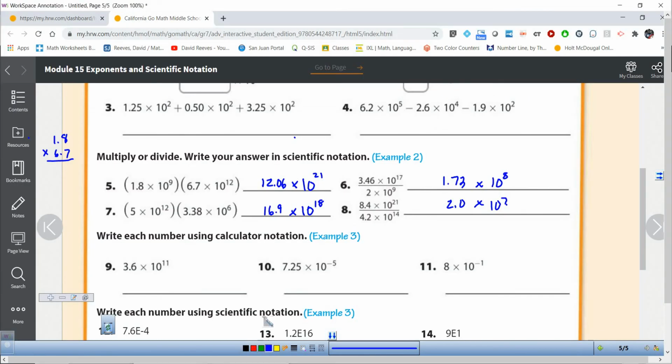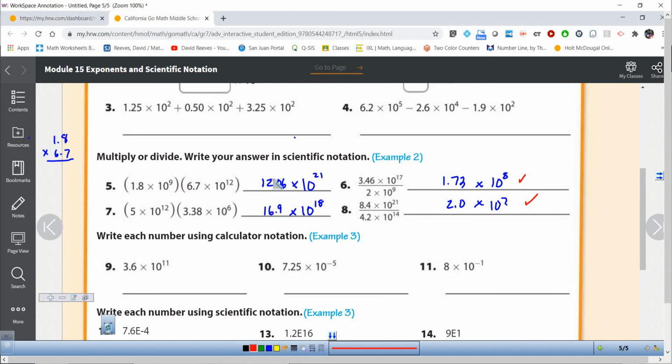Okay, well, if we take a look at these, we're good on this one, right? 2 is between 1 and 10. So this one is in scientific notation. This one also is in scientific notation. 1.73, right, is greater than or equal to 1, but less than 10. All right. But these are not in scientific notation.